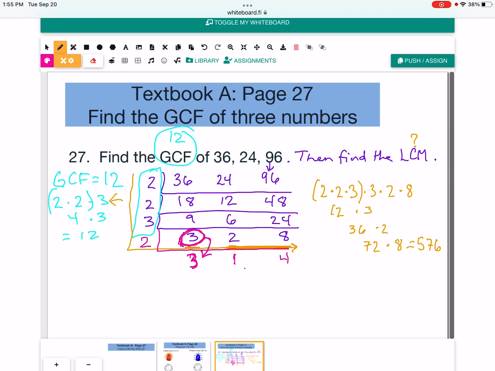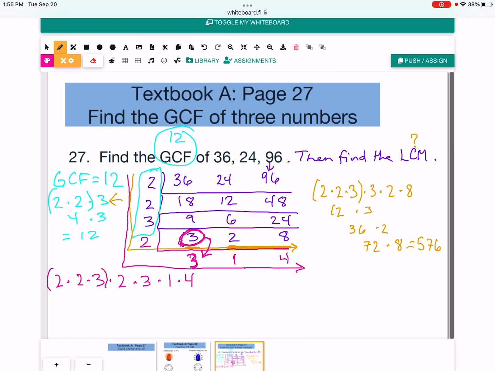And so I'm going to rewrite now this group of factors, all the factors that we found. I'm going to rewrite them over here in pink. And that's going to be 2 times 2 times 3 times 2 times 3 times 1 times 4. Okay, and so let's go ahead and check that.